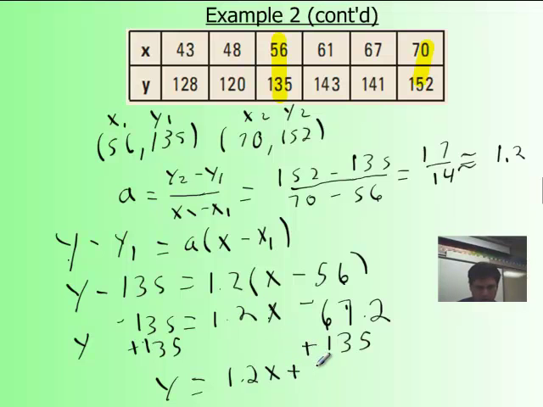So plus 67.8. So that would be the equation of our best fit line.